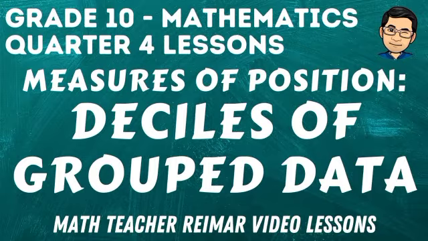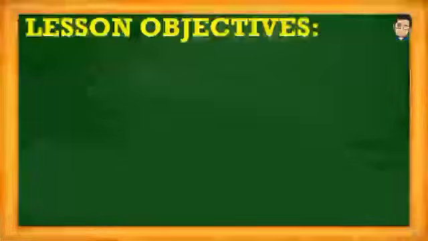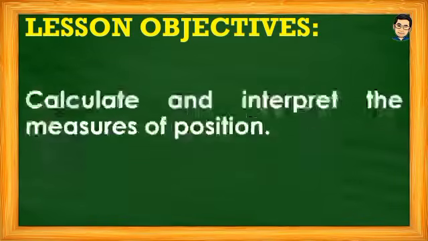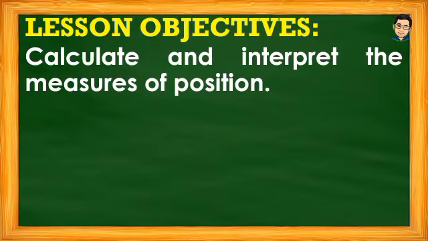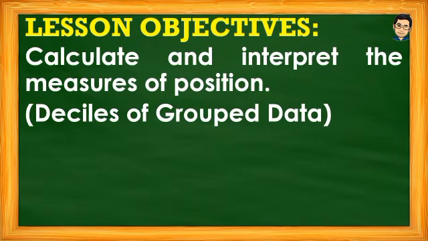So previously we have discussed measures of position, quartiles of group data. So now we will be discussing the next type, which is deciles of group data. So for our lesson objectives, we will calculate and interpret the measures of position, particularly deciles of group data.